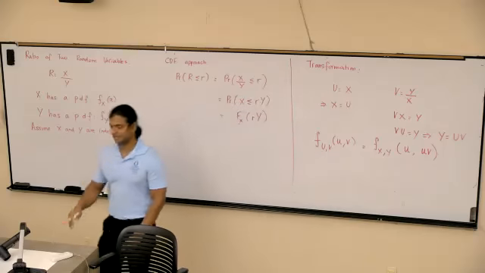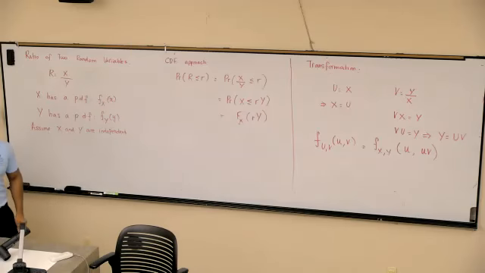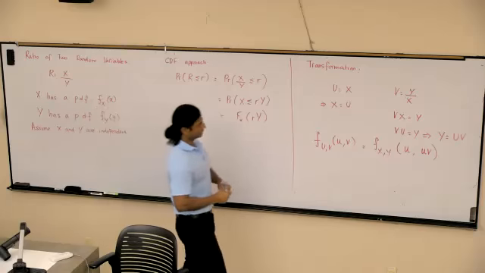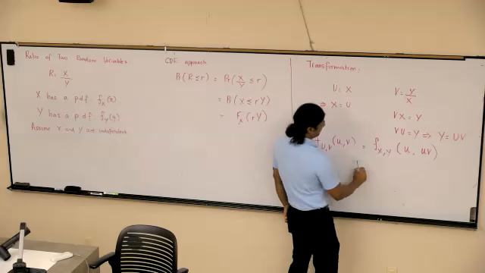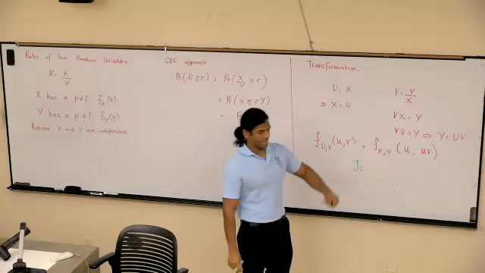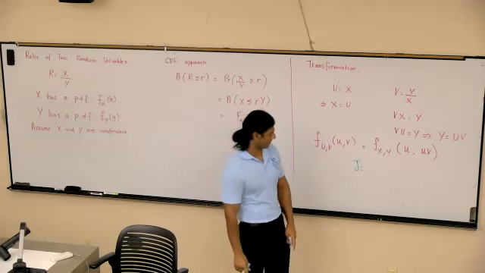Are we done yet? No. What are we missing? The Jacobian, specifically the determinant. We have to put the absolute value. Density cannot be negative.